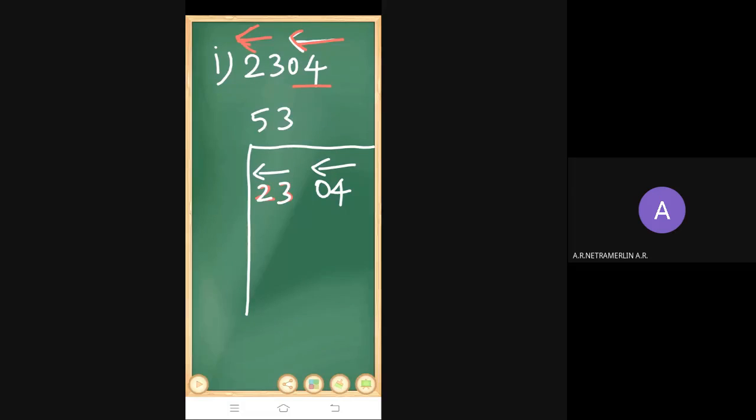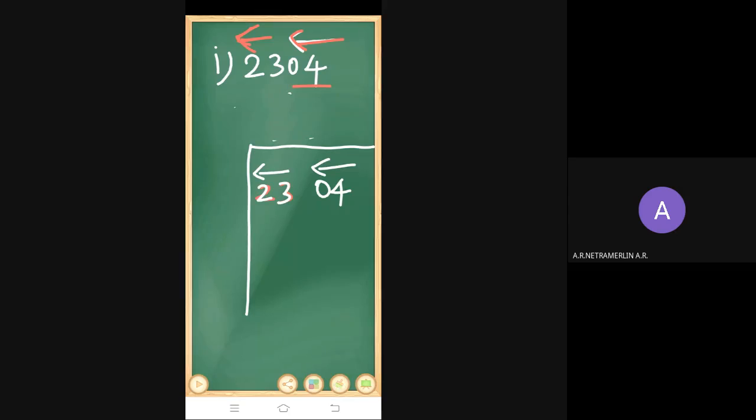If it is a 3-digit number, two numbers make one pair, and the remaining number you take as a single number. For example, 5 alone is one pair and 39 is one pair. This is the procedure for taking the numbers in pairs in the square root division.